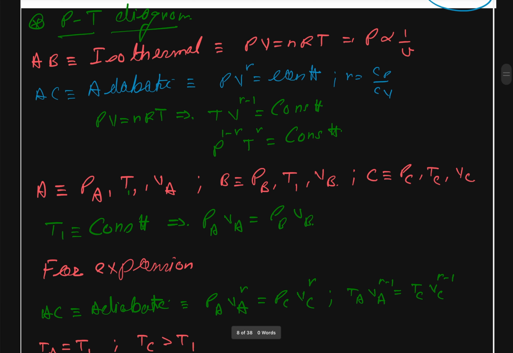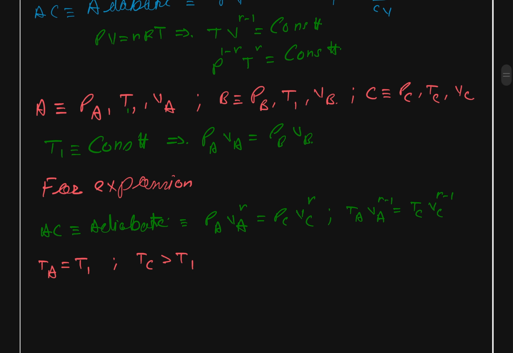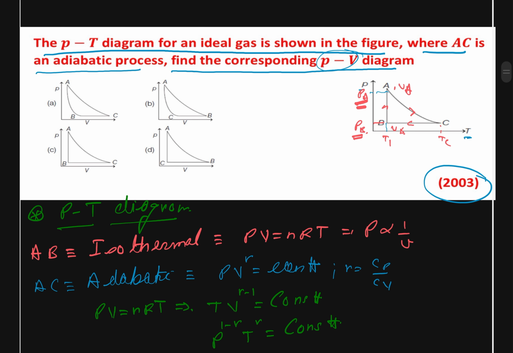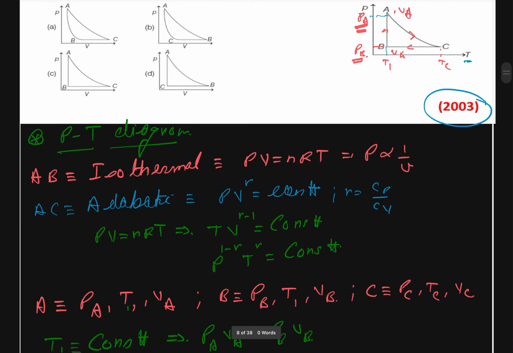I think let's do it directly. A to C, C to B, and B to A. B to A is our expansion.